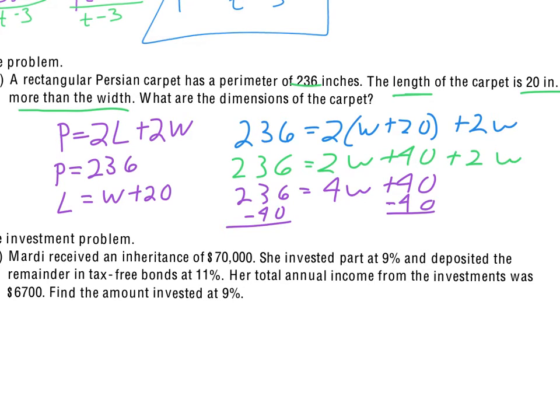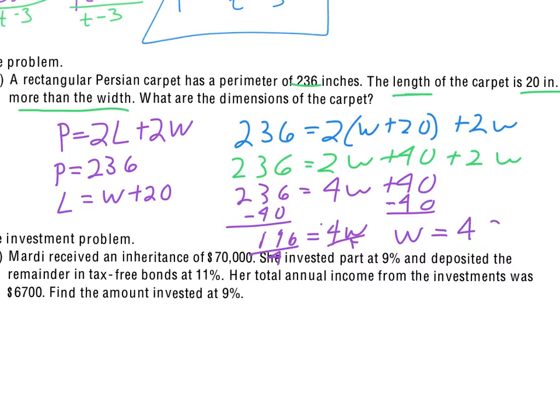We end up with 196 equal to the 4w. Dividing by the 4, we end up with 49.